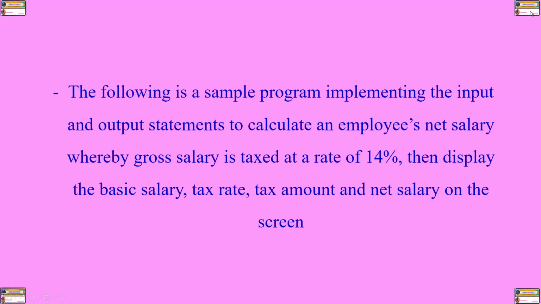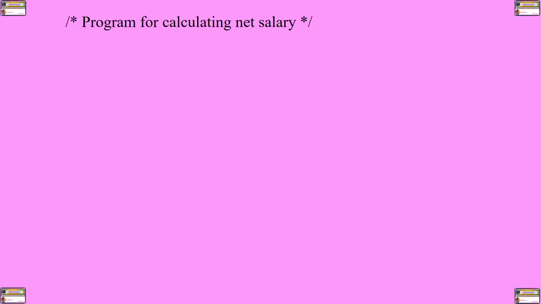So the following is a sample program implementing the input and output statements to calculate an employee's net salary, whereby gross salary is taxed at a rate of 14%, then display the basic salary, tax rate, tax amount, and net salary on the screen.